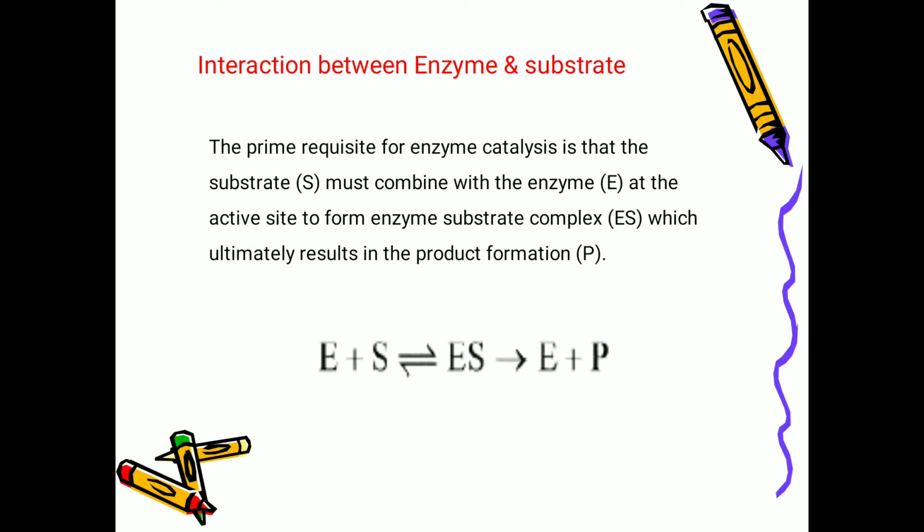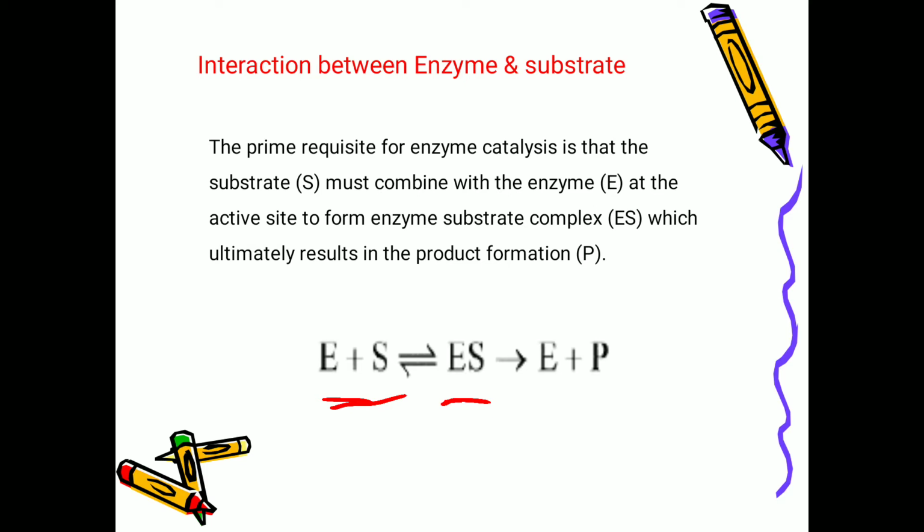The prime requisite for enzyme catalysis is that the substrate must combine with the enzyme at the active site to form the enzyme substrate complex, which ultimately results in the product formation. See, the enzyme and the substrate combine to form the enzyme substrate complex.